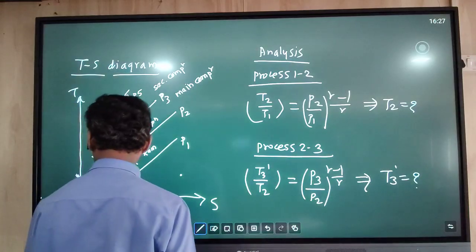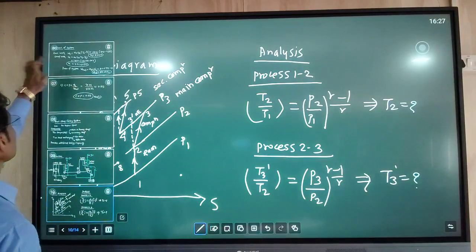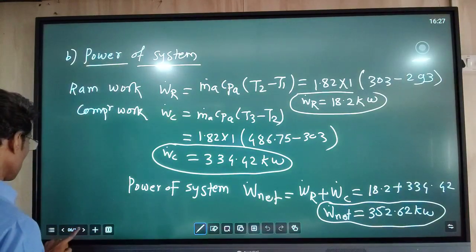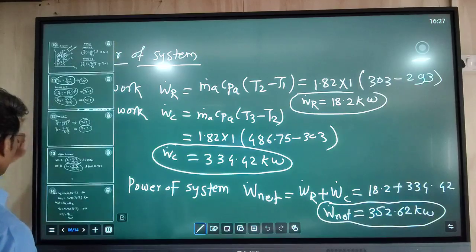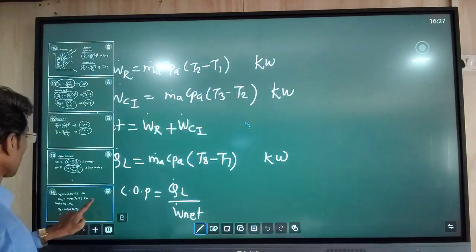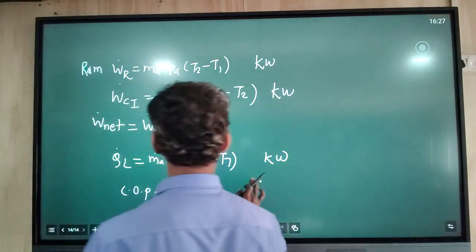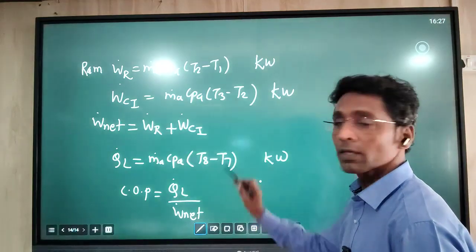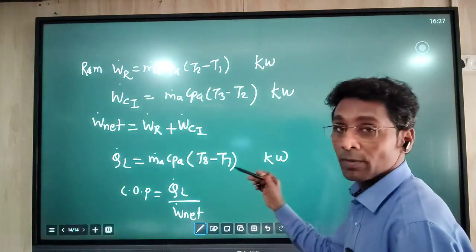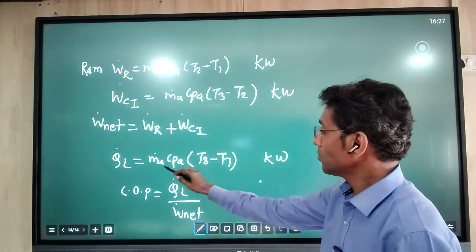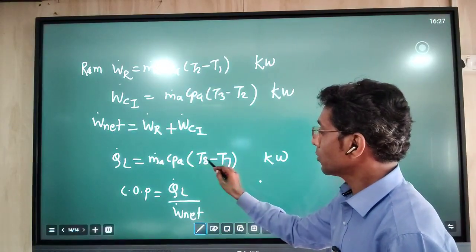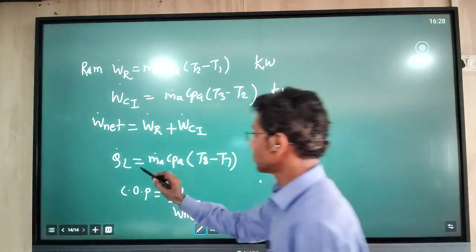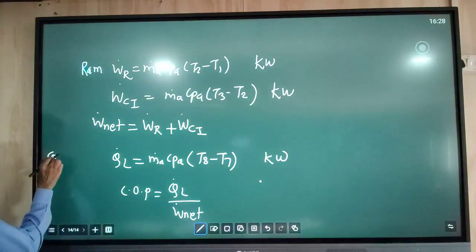That is the Q dot L formula. Between 7 and 8, the process is the cabin, so m Cp times T8 minus T7. This is the cooling load in kilowatt.